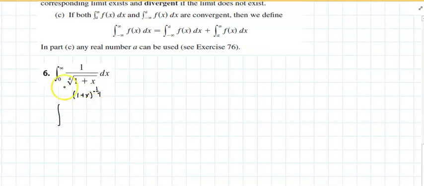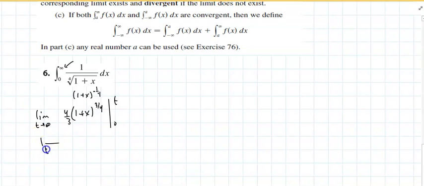So, if I am to ignore those, even though that's infinity, if I'm just to integrate and say, you know what, this is going to be 1 plus x to the, if you add 1 to the power, divide by that, right? And take the limit as t approaches infinity, evaluate that from 0 to t.